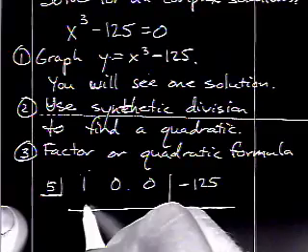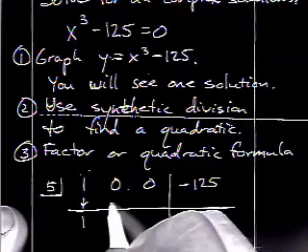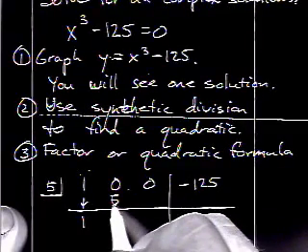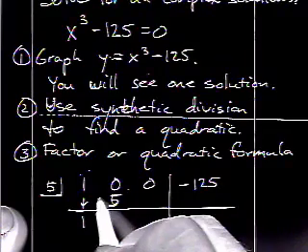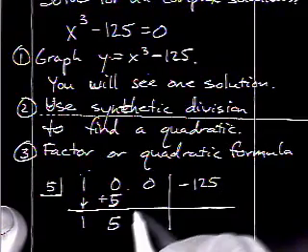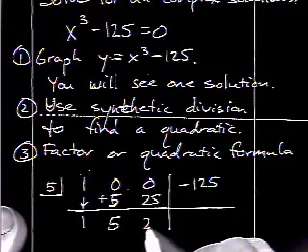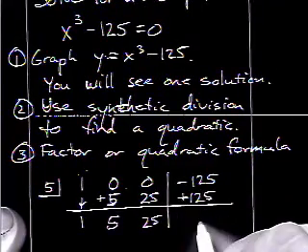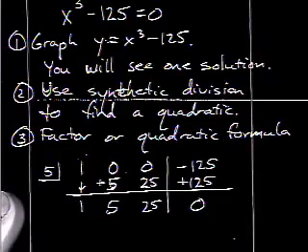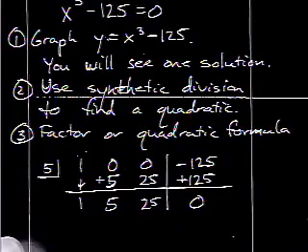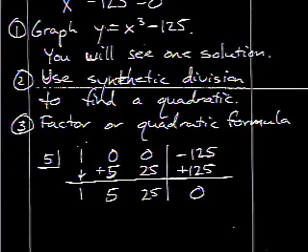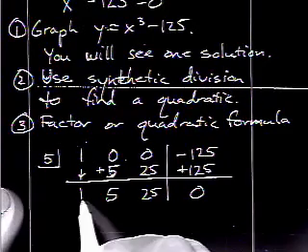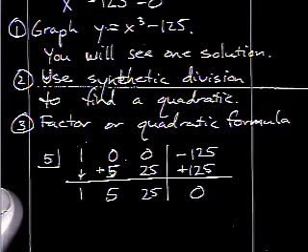Good old synthetic division, carry down the 1, multiply, and add, multiply, and add, multiply, and add. Wait, that's great. We got 0 for a remainder. That must mean it's a factor. Yes, it does.